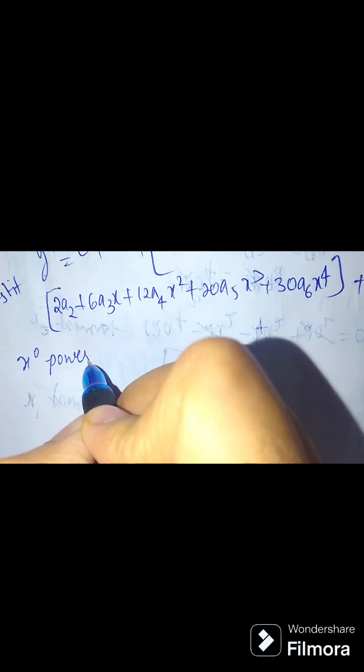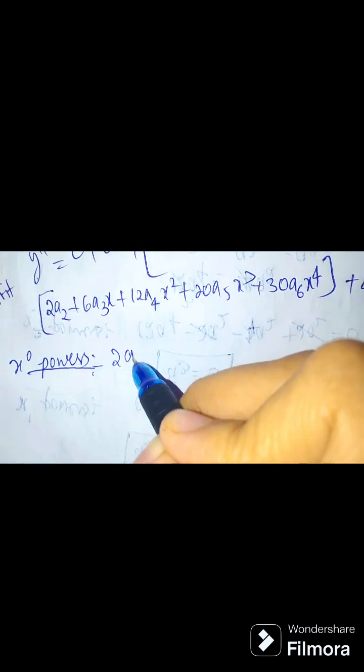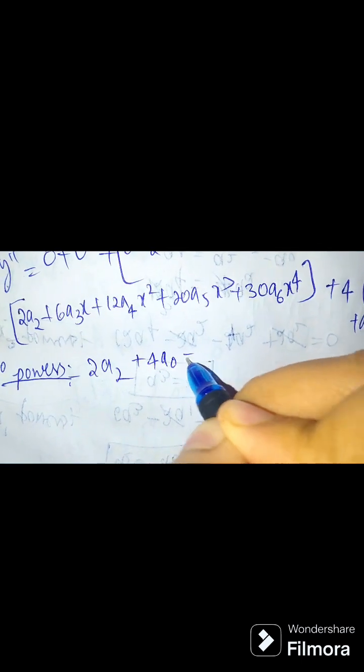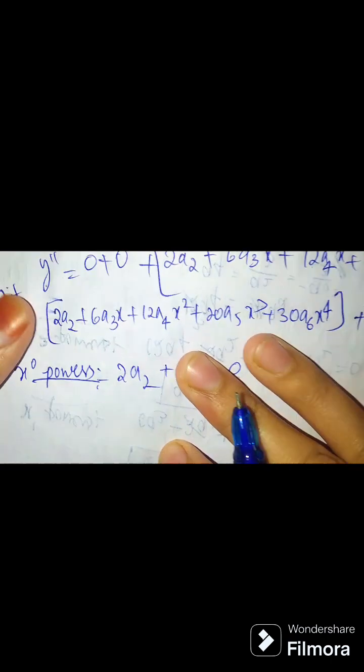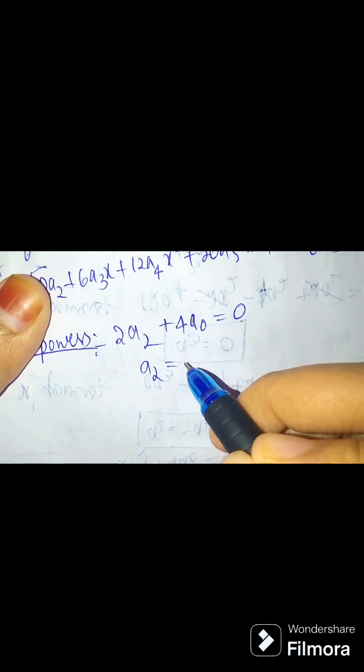Firstly, x power 0 powers: from here I'll get 2a2 and from here 4a0, and this is equal to 0, because we are substituting in this equation. So from here a2 will be minus 2a0.